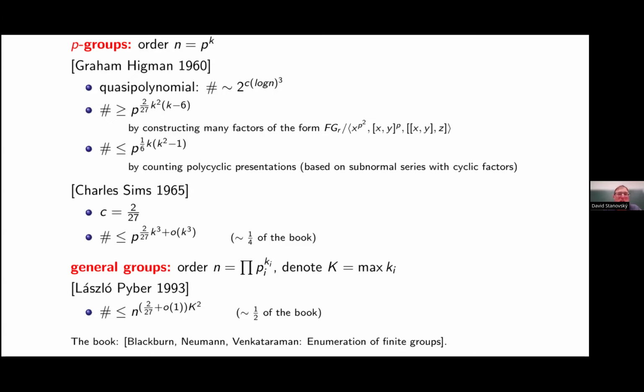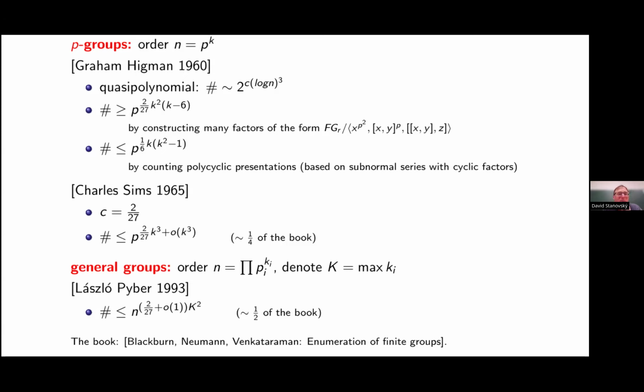That's how we obtain the upper bound. In fact, these polycyclic presentations are also used in enumeration of groups on a computer, to get the multiplication when you actually want to calculate the tables that I showed you. They are one of the tools being used.